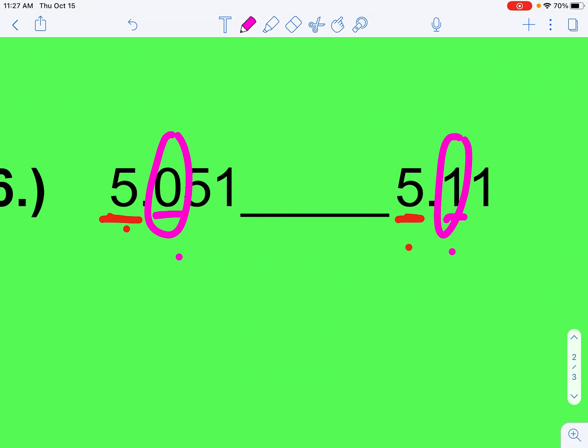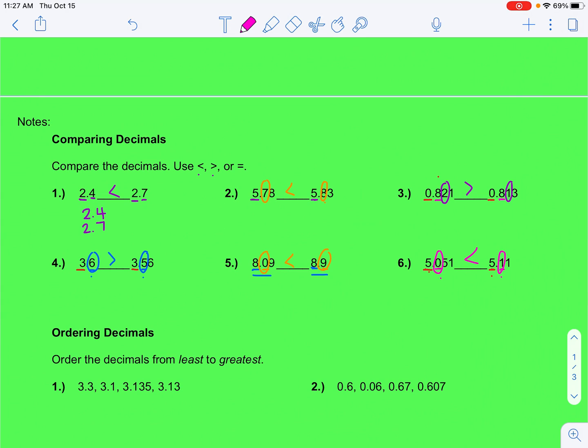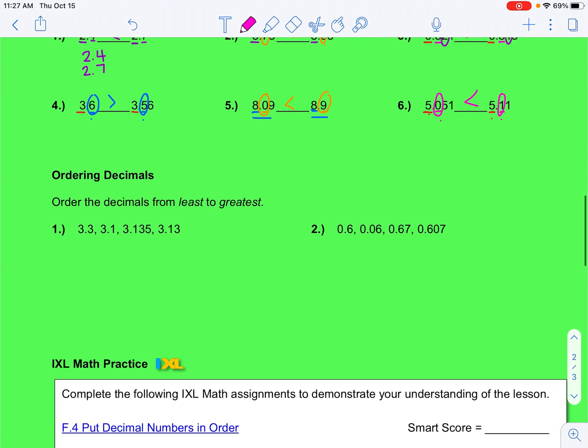Which number is bigger, a 0 or a 1? Right, the 1 is. So 5 and 11 hundredths is bigger than 5 and 51 thousandths. That is how we compare our decimals. If you have any questions, please let me know.